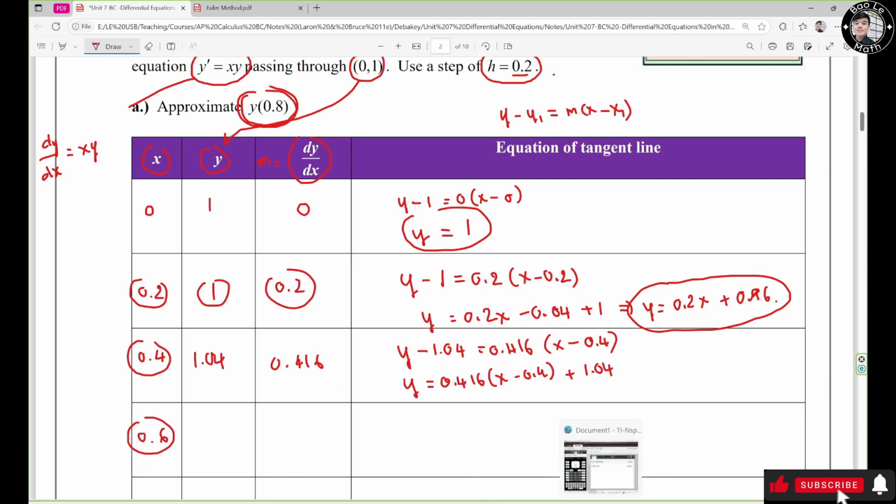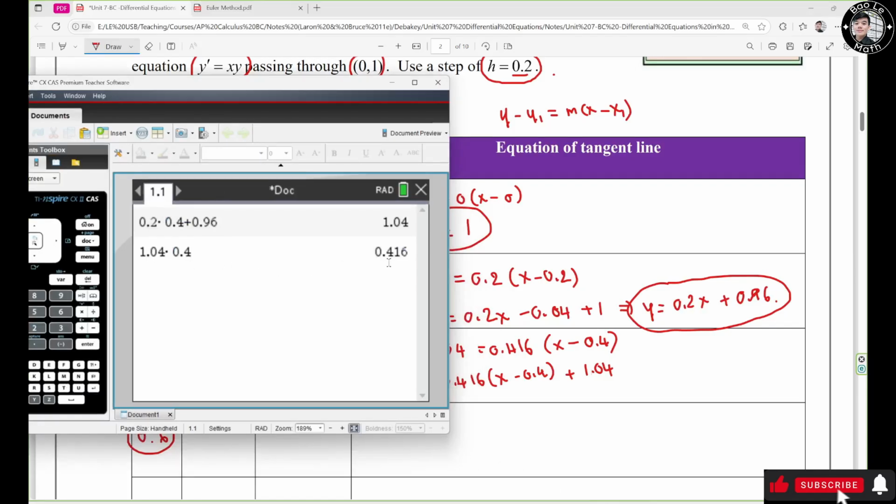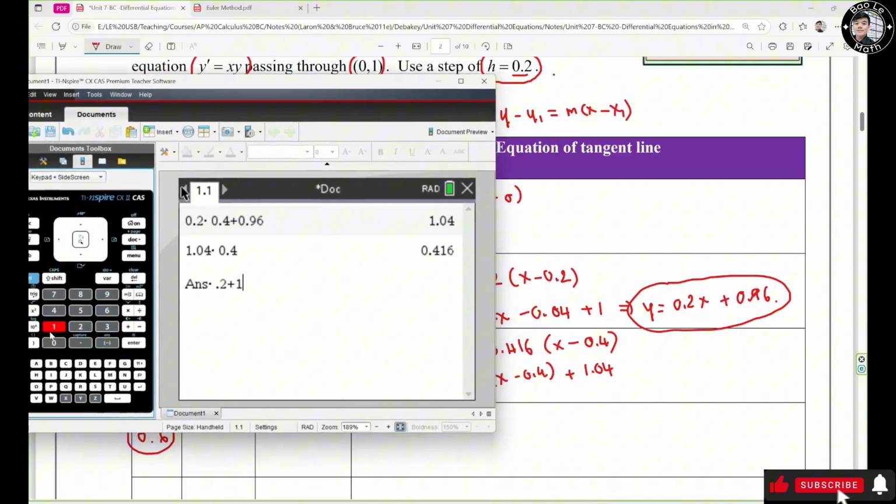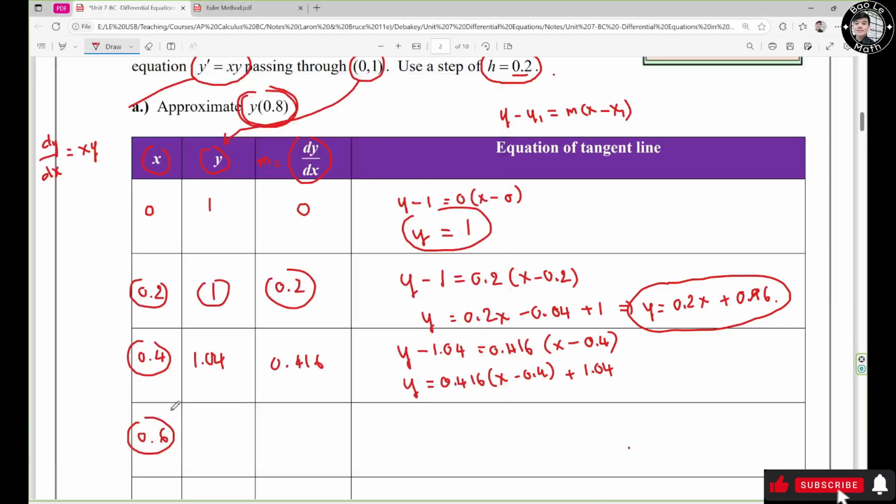On the calculator, 0.416 times 0.6 minus 0.4, which means 0.2, and then add 1.04. The answer is 1.1232, so the new y value is 1.1232.